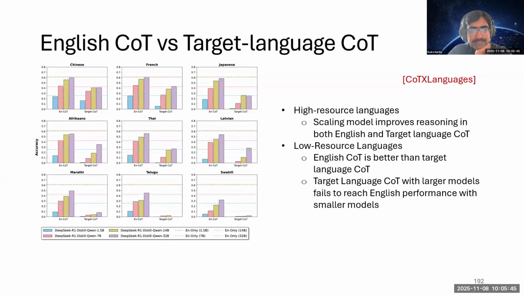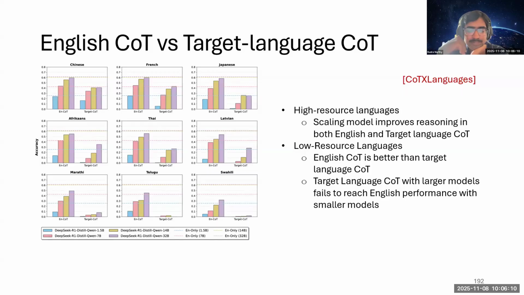Now, which is better? So basically what people have observed is that using a translated English chain of thought reasoning dataset leads to larger improvements across languages compared to taking the target language question answer pair, giving it to a reasoning model, and generating the reasoning trace in the target language. And this scales across parameter sizes too.